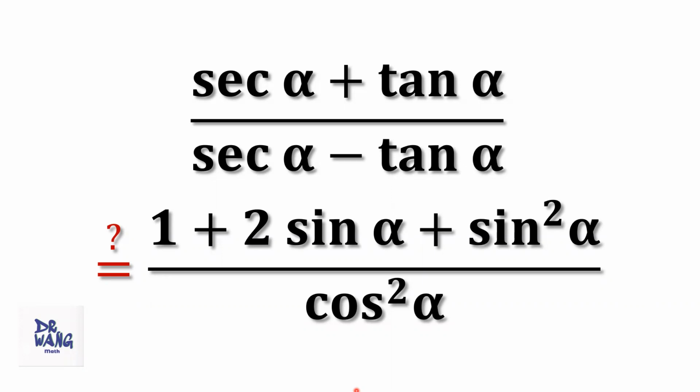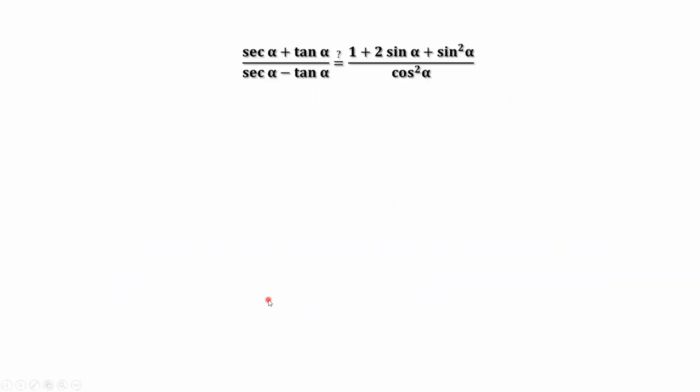Here is the question. We want to prove this trig identity. In general, how to prove a trig identity? We usually pick one side to start to simplify. This side looks more complicated than the other side.